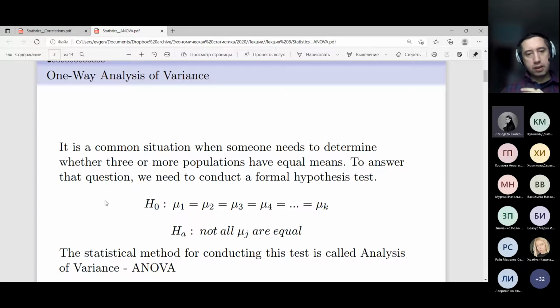In principle, that's it. When you work with ANOVA, you have such a hypothesis, and it is the same in all exercises. What can be different is the number of means we compare.